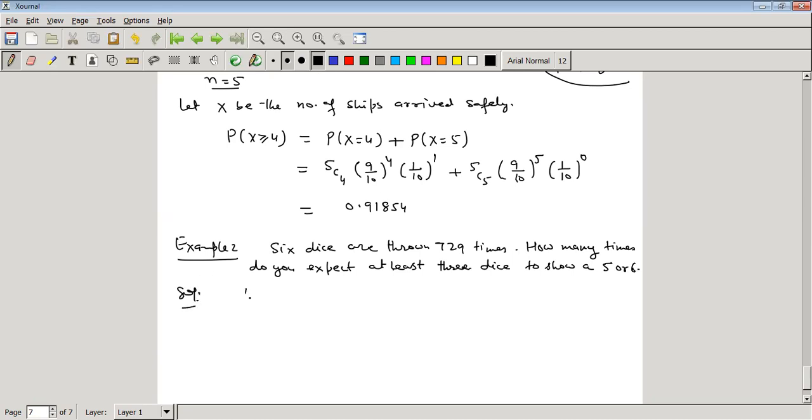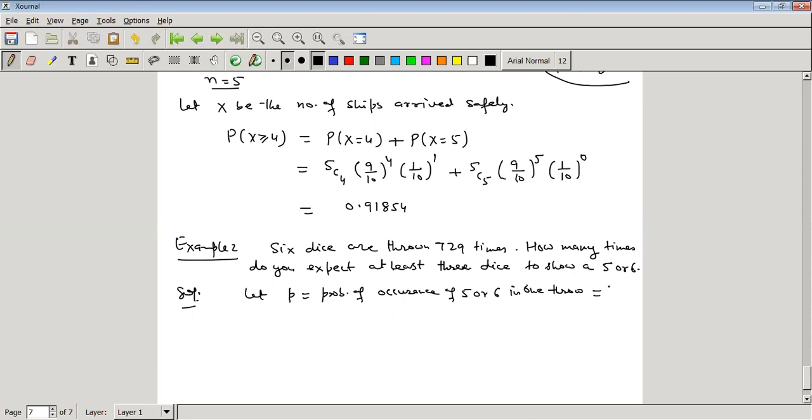So again, we let P be the probability of occurrence of 5 or 6 in one throw. We know that we have 6 total outcomes in a single throw of a dice.